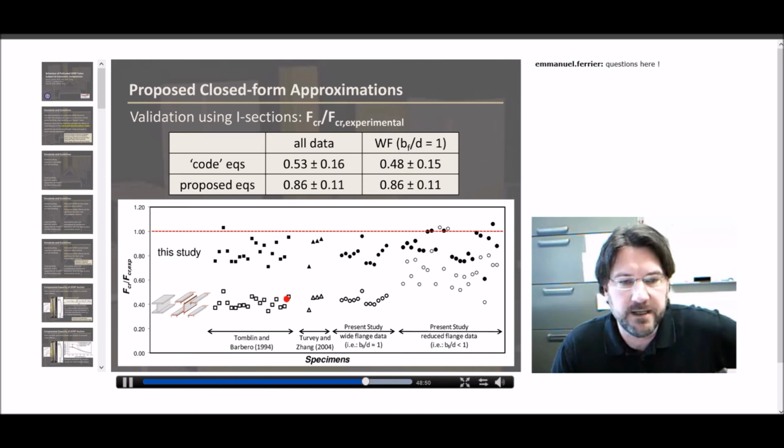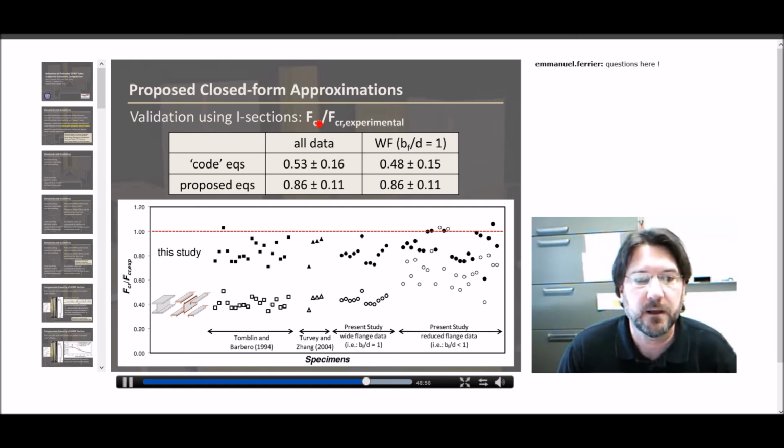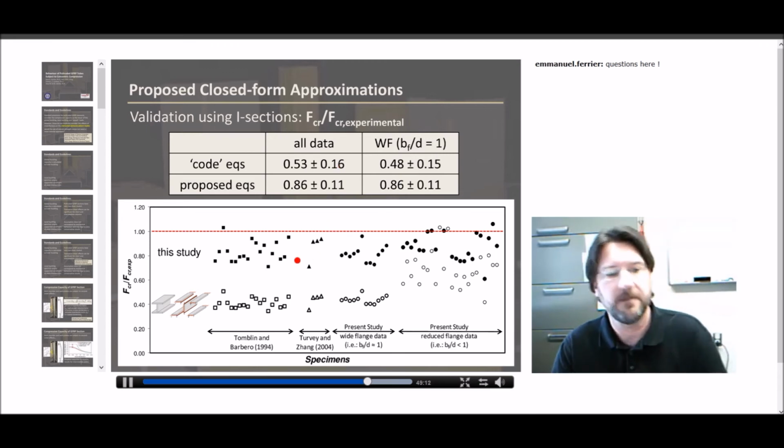And what we see is the open data are simply the ratio of the predicted value to the experimentally determined value based on these simply supported conditions, what would be currently in the code, and we see that the ratio is down around 0.5, and in fact up here at 0.53 is our average.